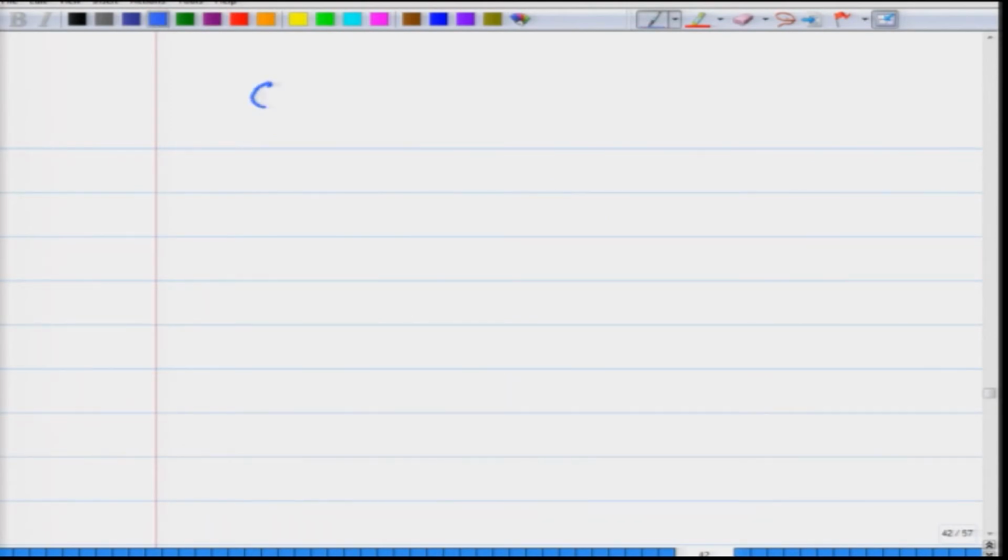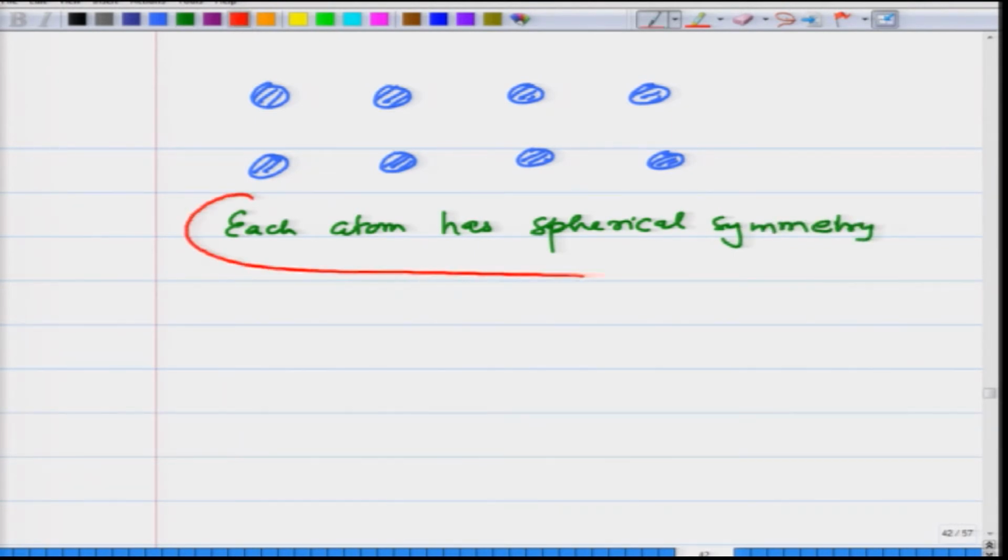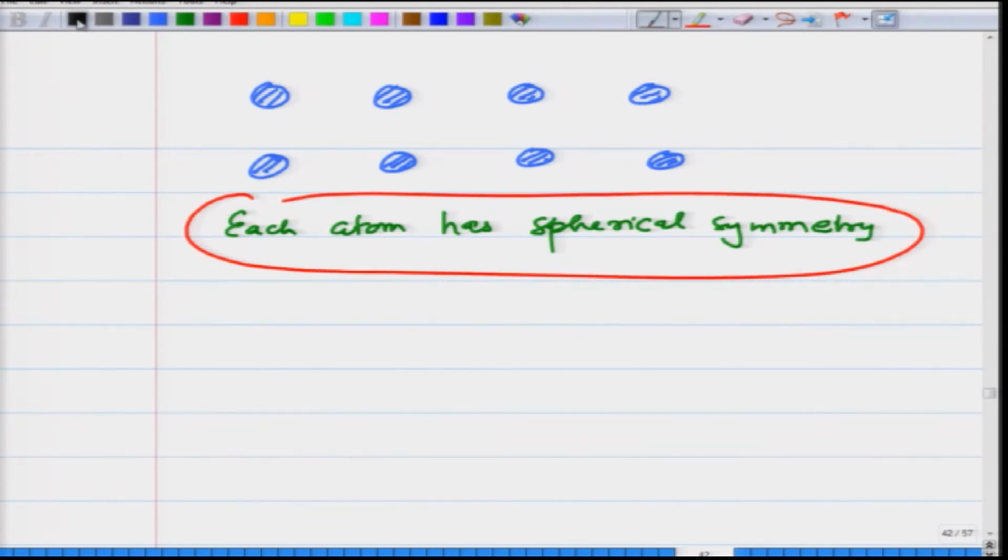When I have these atoms in the crystal, what I have assumed in calculating the magnetic moment is that each atom has spherical symmetry. This is the assumption, and what it means is that L is well defined.